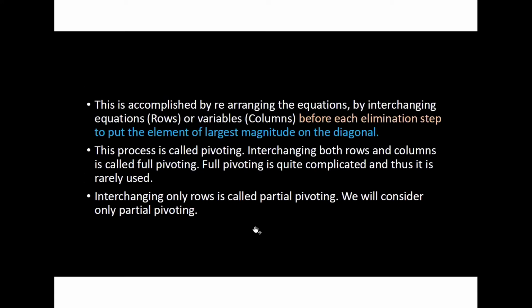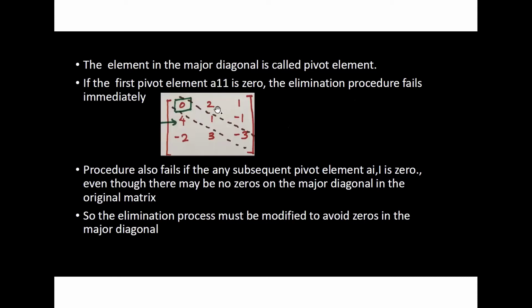Now, one operation, which I have discussed and am repeating again, is that we can rearrange the equations by interchanging rows and columns before each elimination step. It is not just one time. Suppose you have n equations, then how many elimination processes are you going to perform?